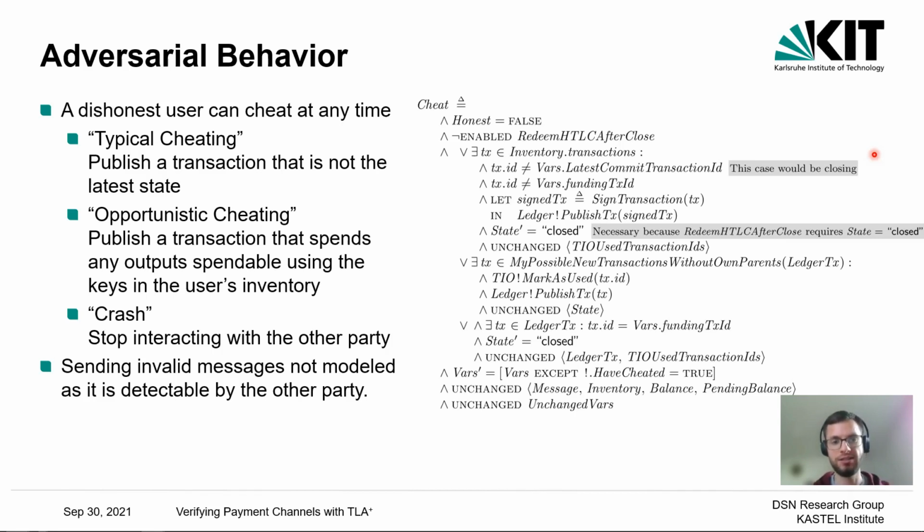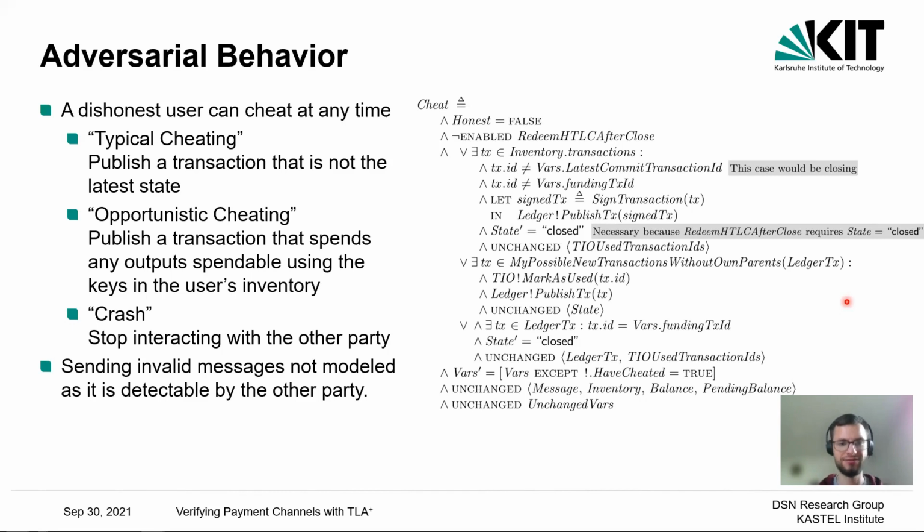For example, if in this construction that I've shown you, an output is spendable by a user at a time at which the output should not be spendable by the user, but for example, should have been time locked. And to find such flaws in the protocol, we look at all transactions that a user can create. And then the user publishes any transaction that is valid. So we call this opportunistic cheating, because a user just tries to publish a transaction and sees whether this is possible and the user gains anything from it.